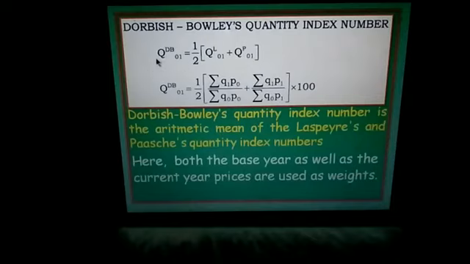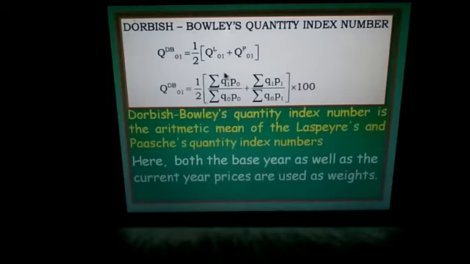Look at the cursor. Q01 DB, where DB is nothing but Dorbish-Bowley's. It is Q01L plus Q01P divided by 2. That divided by 2 is taken as half outside, so this half stays as it is in the next step.